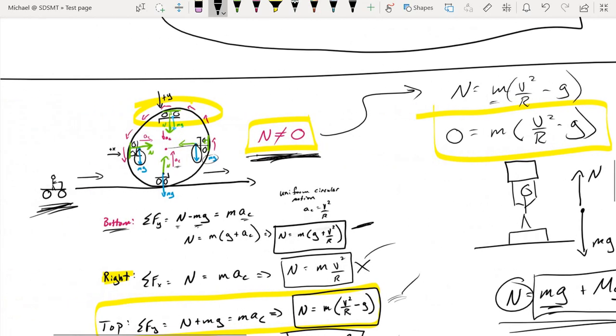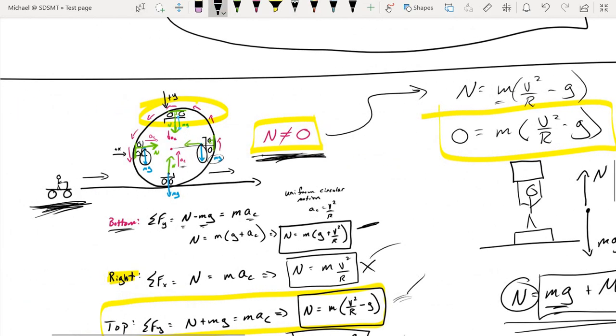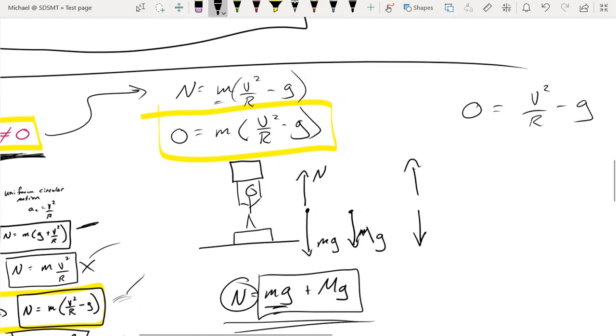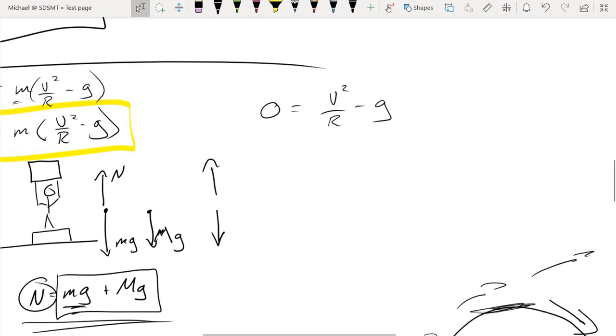Again, whether it's you or me or somebody else that's attempting this feat, everybody has to achieve the same minimum velocity to get through this loop-de-loop. That's what this means. And we now have our answer. We'll do a little bit of rearranging here with the algebra, but v is going to have to equal root gr.